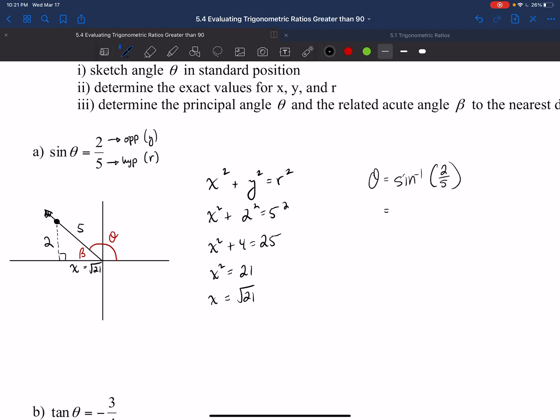So if I type that into my calculator, I'm going to get 26 degrees, but that isn't the right answer. That's not theta, because the theta is in the second quadrant, and 26 is in the first quadrant. So this is actually the related acute angle.